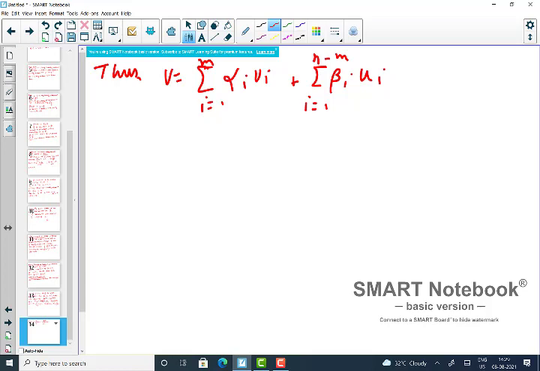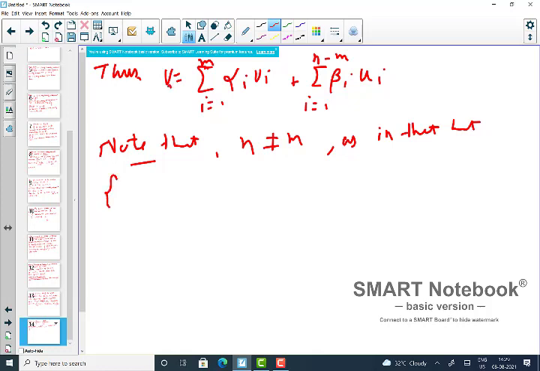Can n equal m? Now note that n cannot be equal to m. If n equals m, then what happens? In that case, this vm plus 1 will be a linear combination of v1 to vm, and that contradicts the fact that L is linearly independent, right?